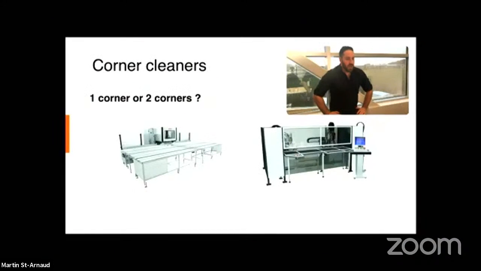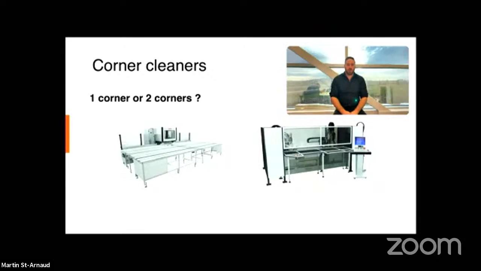So if I'm looking at standalone production, there's a lot of questioning that goes around: should I go for a one head corner cleaner or a twin head corner cleaner? The first misconception that people have is thinking that going with a twin head is going to be working twice as fast.